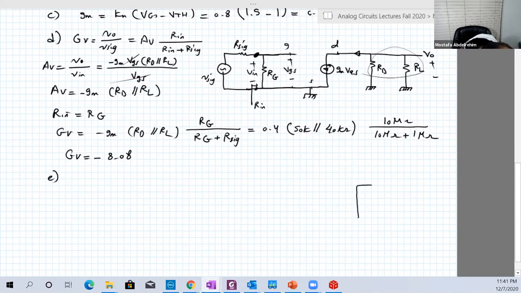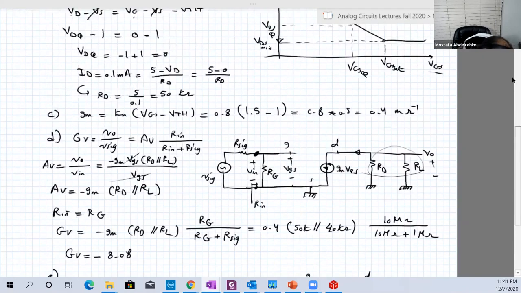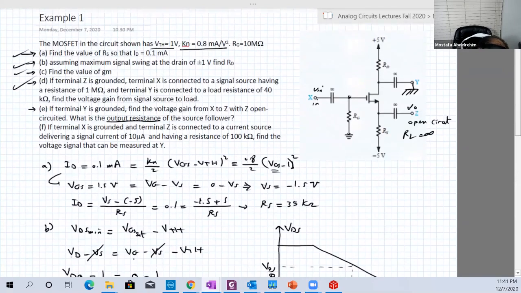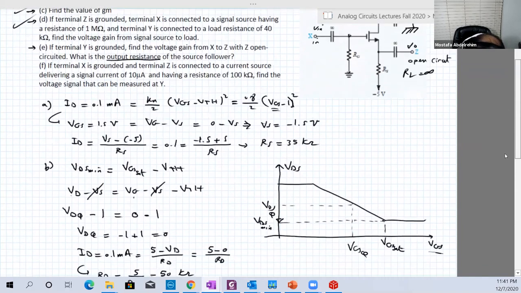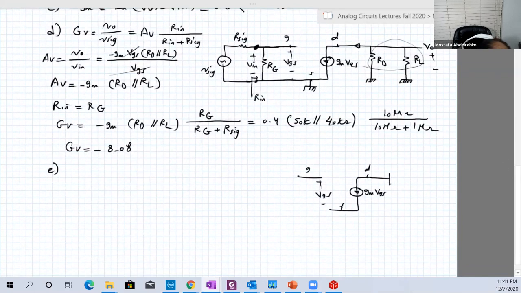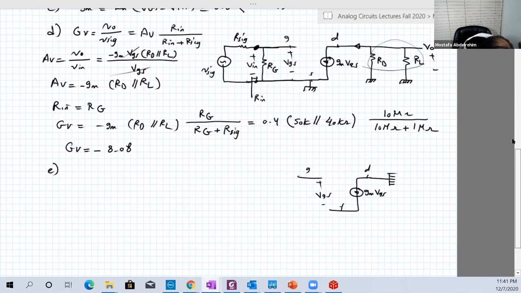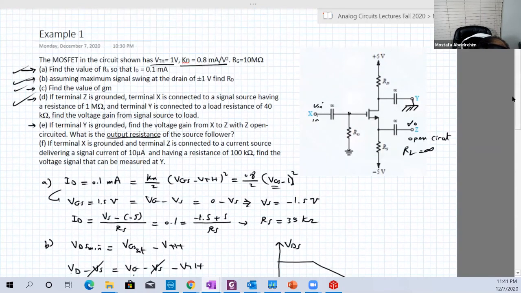We have GM VGS. Here is the source, here is the drain, here is the gate, here is VGS. Okay. So the drain is grounded, so RD is grounded. RD is shorted or grounded. Good. Now, between the source and the ground, there is RS.